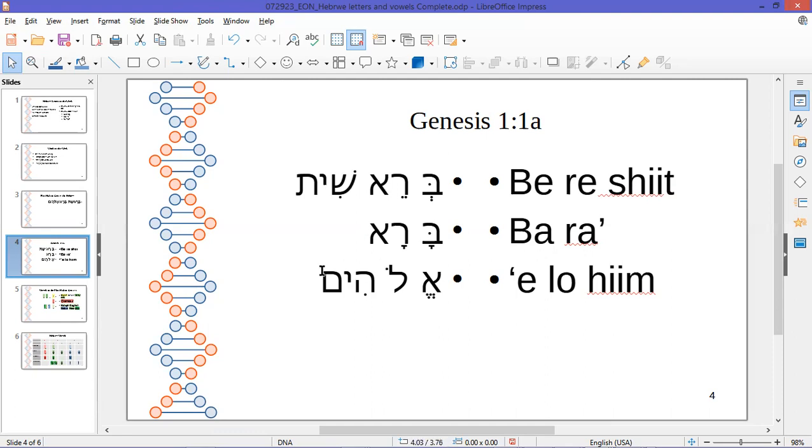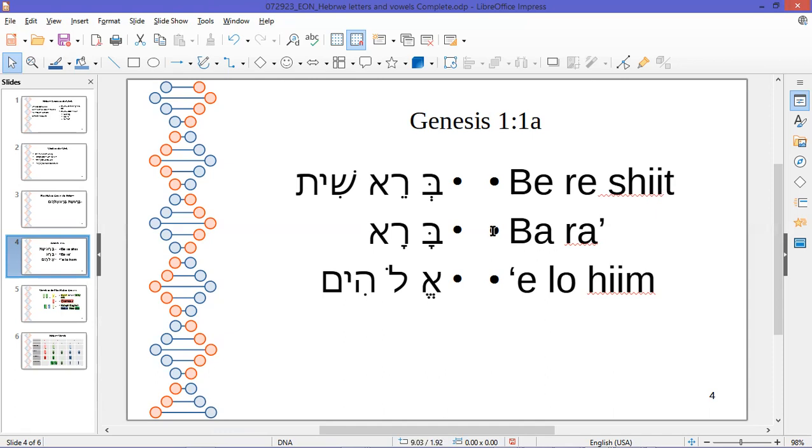Just like we're not really going to worry about the rest of these either, except for the ones that are the letters of the week. This Shin right here, this is the sh sound. And then this little dot plus this Yod, that is the E sound that we're seeing right here.